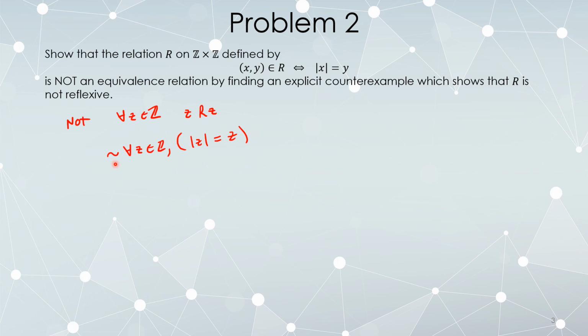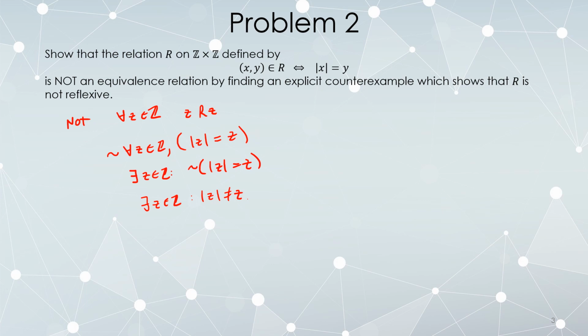So we're claiming it is false that for every integer, the absolute value of that integer is equal to the integer itself. And what we know from how these symbols operate, this means what we're trying to show is that there exists an integer z such that this equality fails. In other words, does there exist an integer z so that the absolute value of z isn't equal to z?